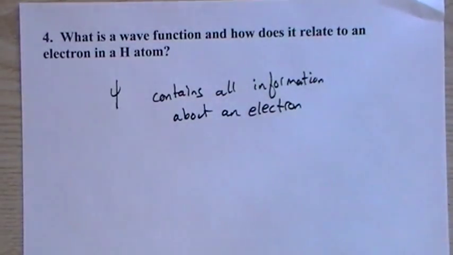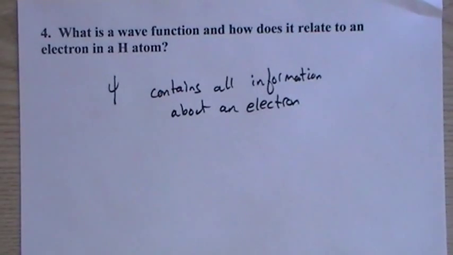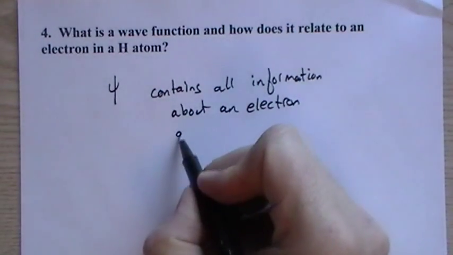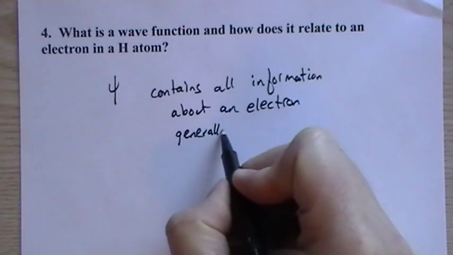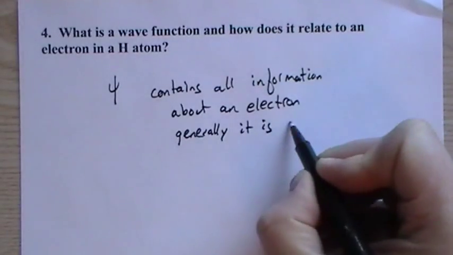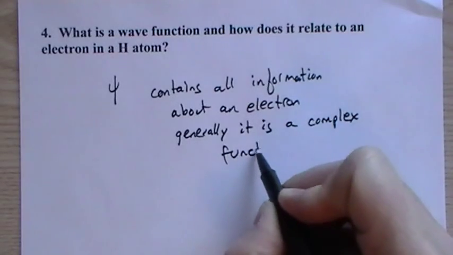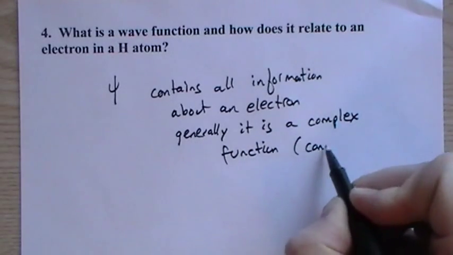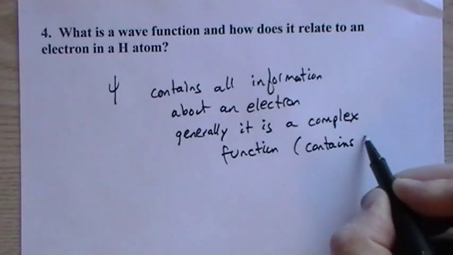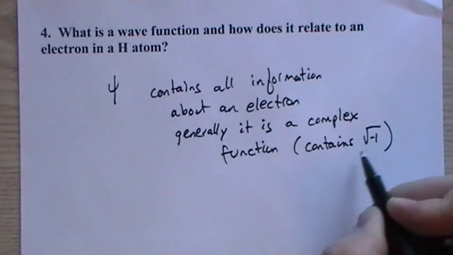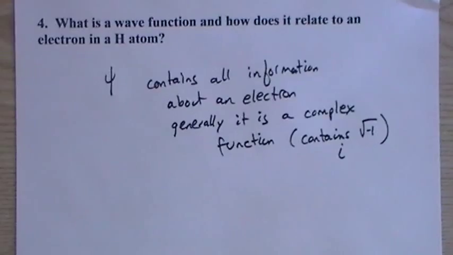That's all you can have. So the wave function contains all of the information about an electron. Generally, it is a complex function. That is, it contains the square root of -1, or i, if you've seen that before.